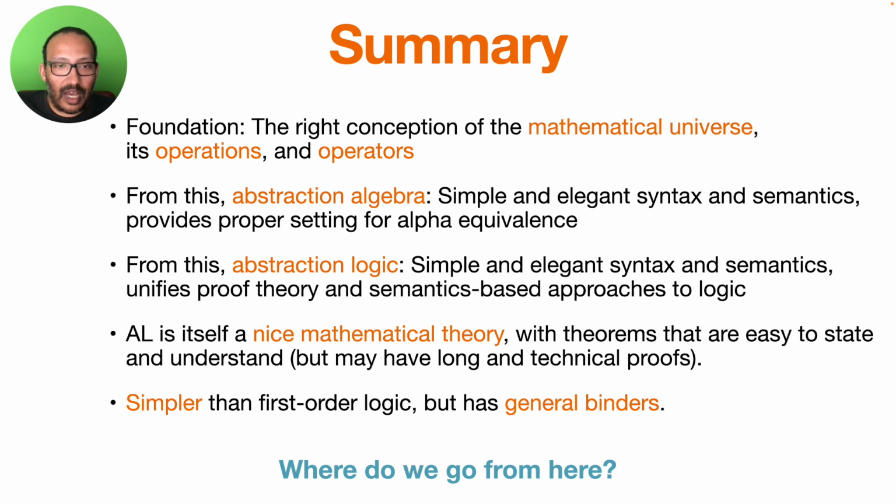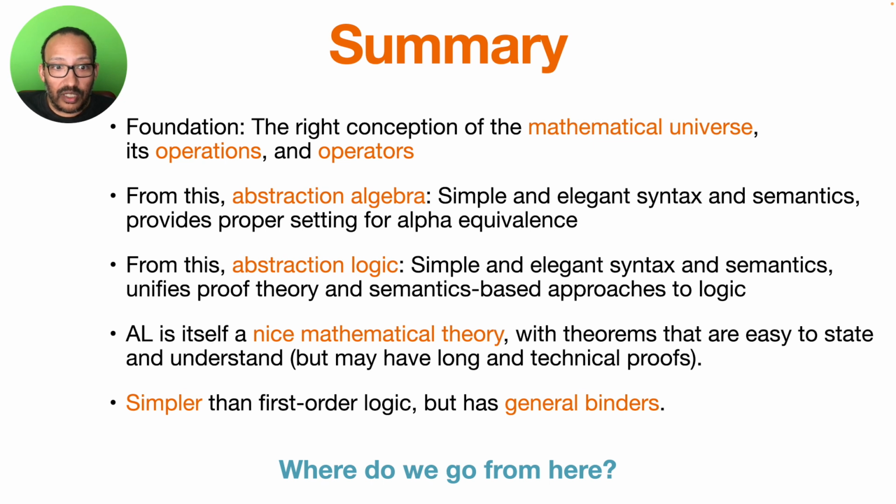And on top of this, once you have abstraction algebra, you can derive from this abstraction logic. Again, it's simple, it's elegant, and it unifies proof theory and semantics-based approaches to logic.